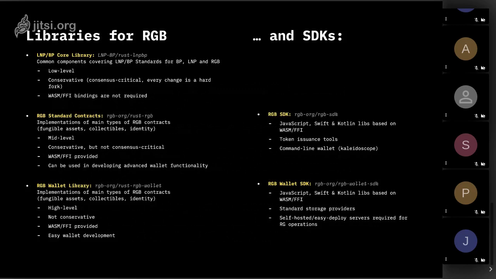For this reason, we are defining three layers of abstraction for RGB. The most low level, at the top of the slide, is the LNPBP core library, which I just explained to you. It is very low level and very conservative. It is the library we've put most of our work into, and we hope that at the end of this week or next week, we will have a beta for audit.